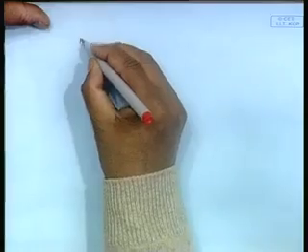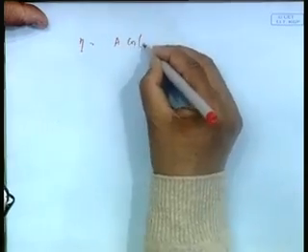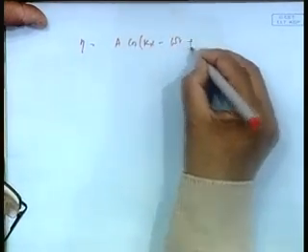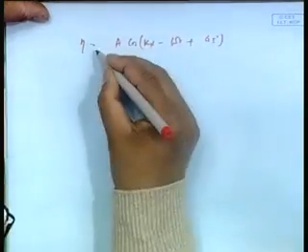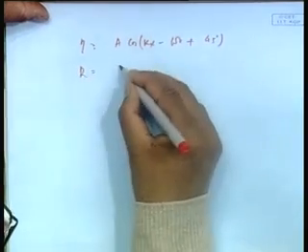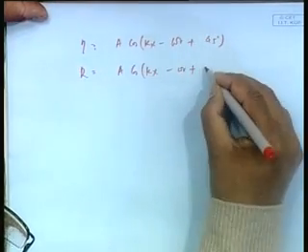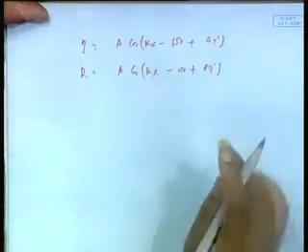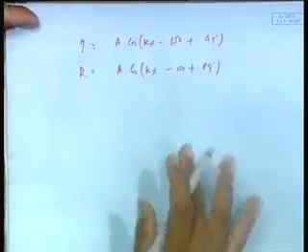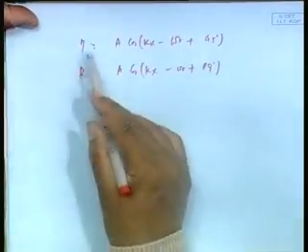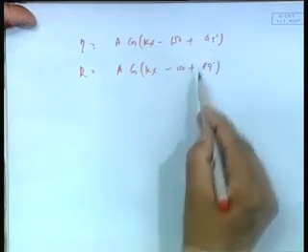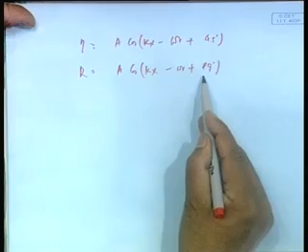I say that eta equals a cos(kx - omega t + 45 degrees), and some other signal, say r, is a cos(kx - omega t + 89 degrees). You can always say with respect to some reference eta has a phase 45, r has a phase 89. But I can also make this 45 as 0 and make this actually 44 degrees.